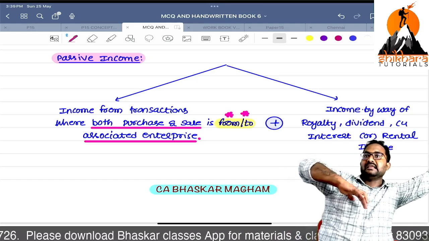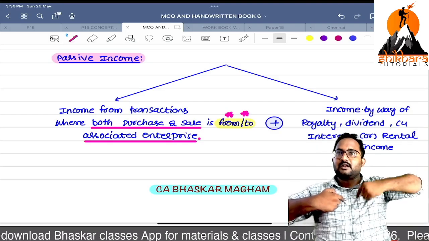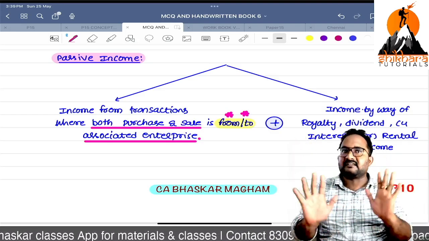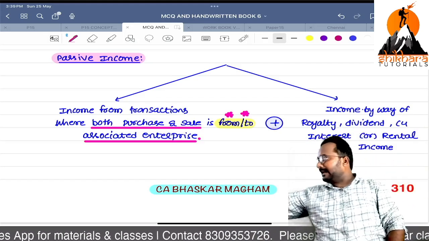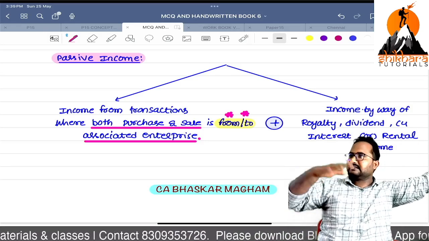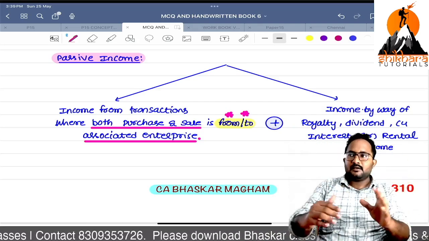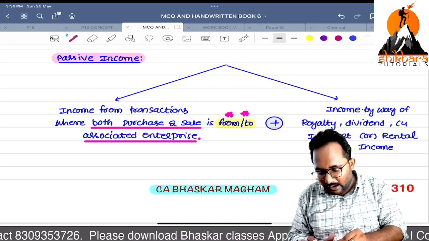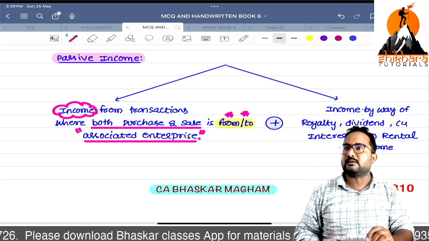If I get any income from that, that income is passive income. Remember, if it is a purchase from an unrelated party and a sale to a related party, this is not passive income. Passive income means one transaction where both purchase and sale are connected with the associated enterprise; income from such a transaction is passive income.